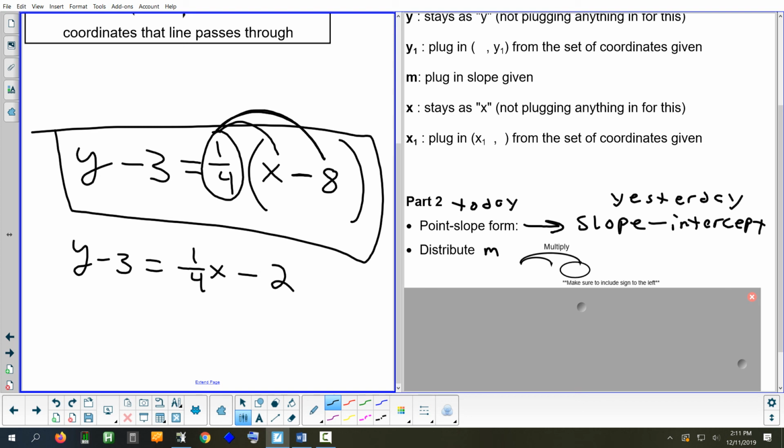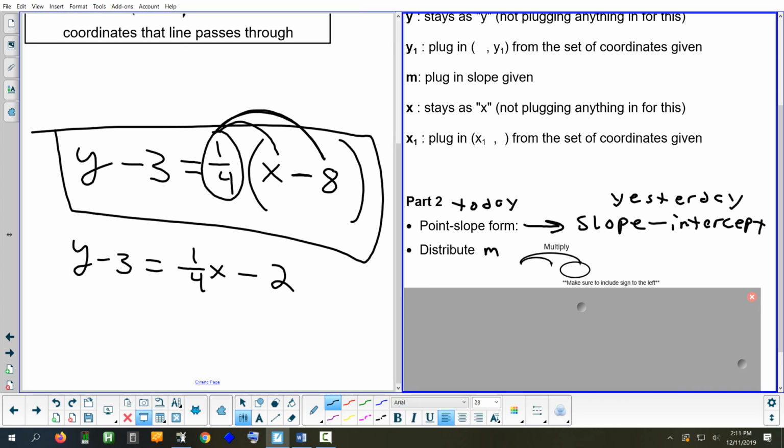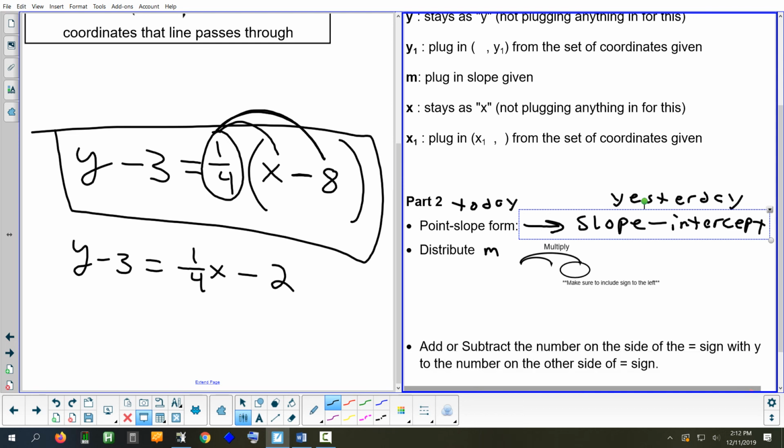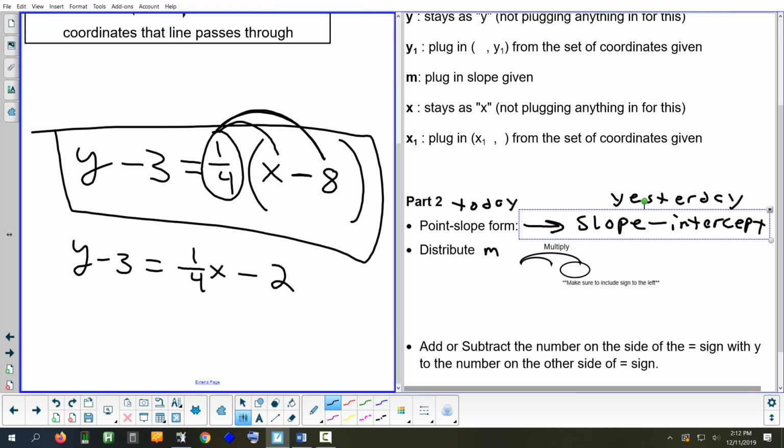Now I have an equation that's not in either form. It's not in point slope, and it's not in slope intercept. It's kind of in the middle. So we're going to finish it off by doing the last step, and you guys already have that on your notes: add or subtract the number on the equal sign with the y to the other side.